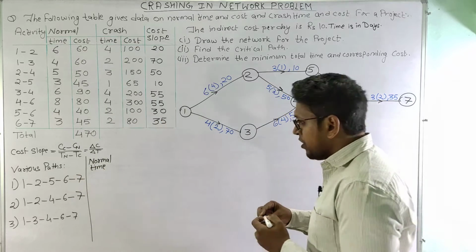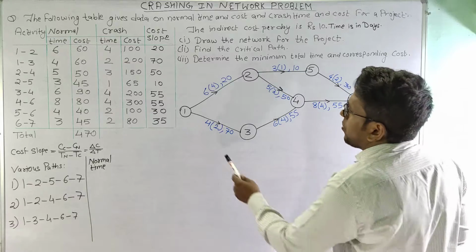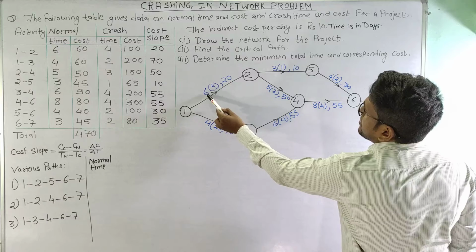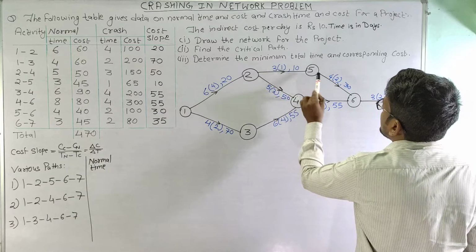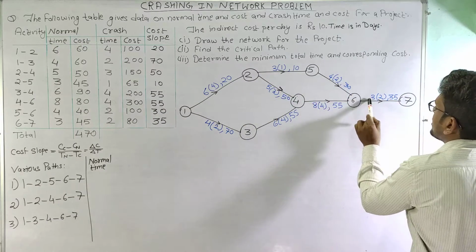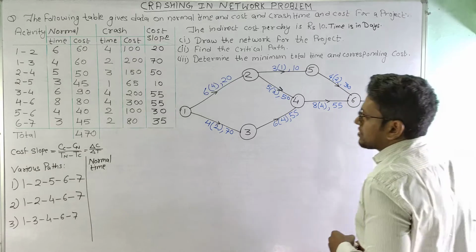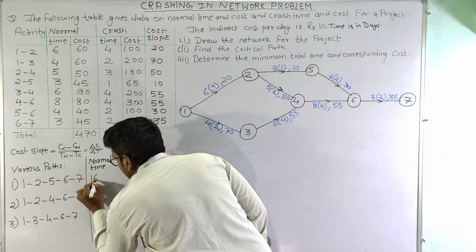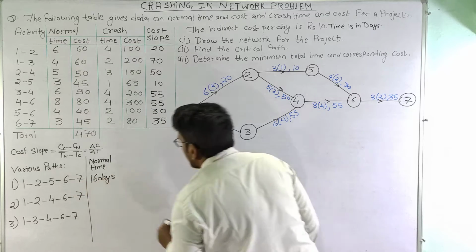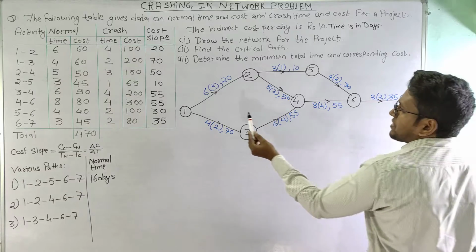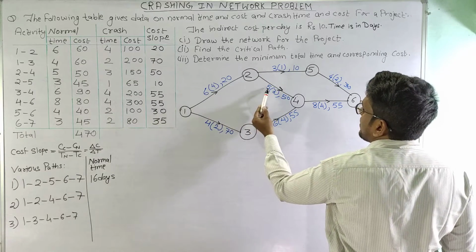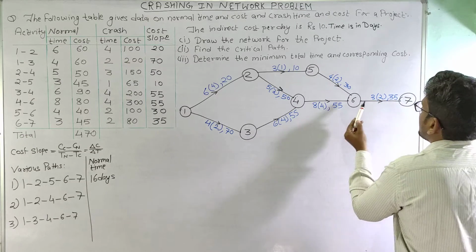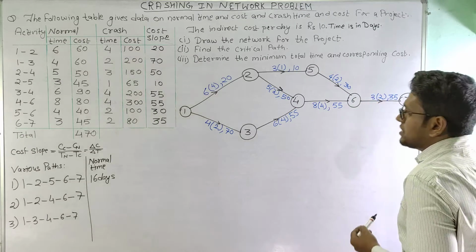So under normal time, for first path, that is 1, 2, 5, 6 and 7, this is 6 plus 3, 9, 9 plus 4, 13, 13 plus 3 is 16. So for first path, the time is 16 days. Similarly, for the second path, we can see that 6 plus 5 is 11, 11 plus 8 is 19, 19 plus 3 is 22.